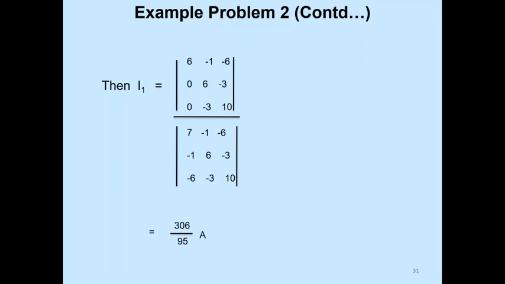The determinant of 7 minus 1 minus 6, minus 1 6 minus 3, minus 6 minus 3 10, the impedance matrix, is 95. And for I1, it is 6 into 60 minus 9, that is 51. So 6 into 51 is 306 divided by 95. So that is the current I1.